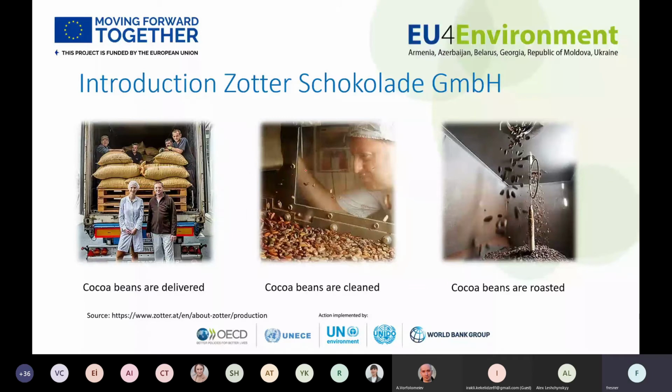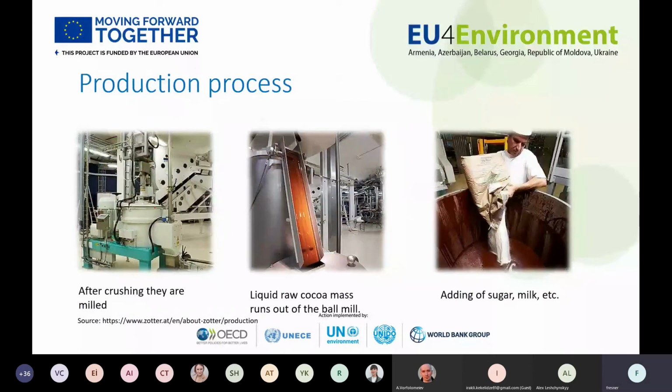We are now inside the production building, which you saw in the first slide. Cocoa beans are delivered. They have to be cleaned from fibers, from stones and so on. Then they are roasted. It's a big roaster where at about 100, 120 degrees, the beans are toasted so that they develop their aroma. Then the beans are crushed.